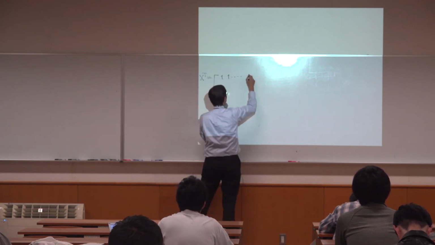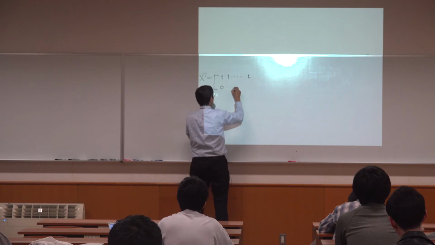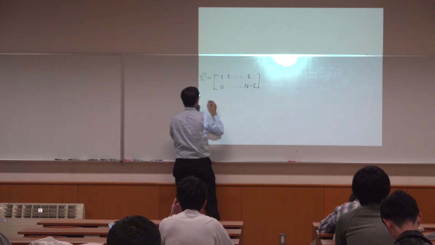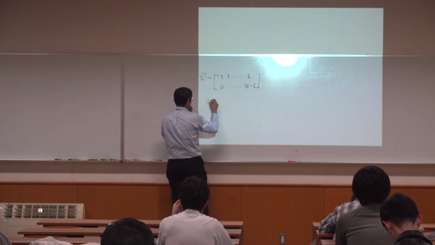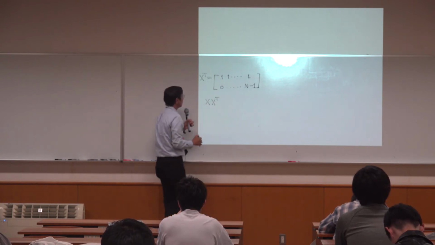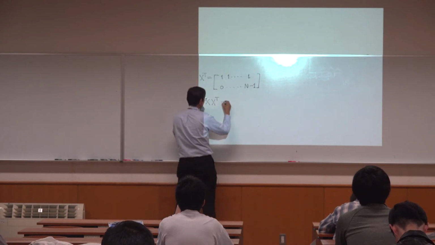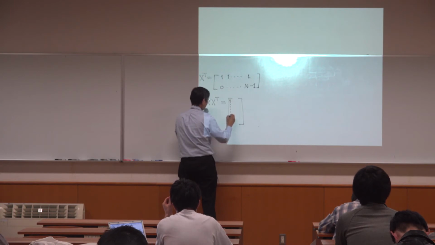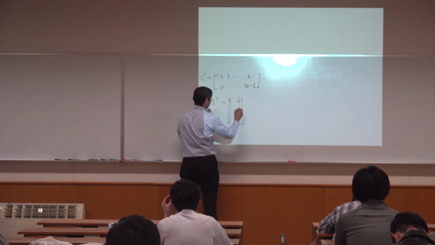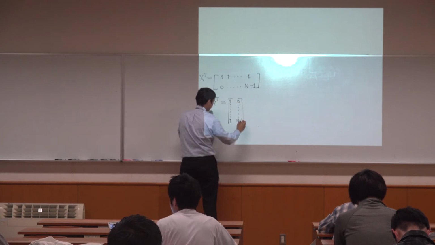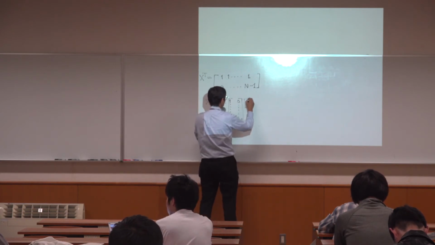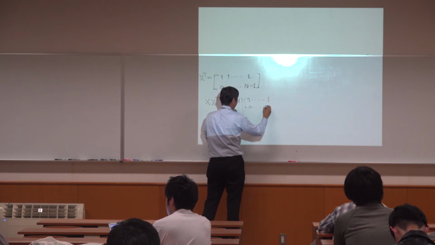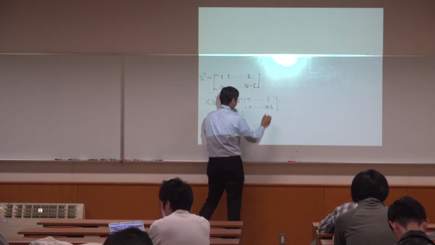Therefore, for X times X transpose, it's one, zero, times one, zero and minus one. Okay?